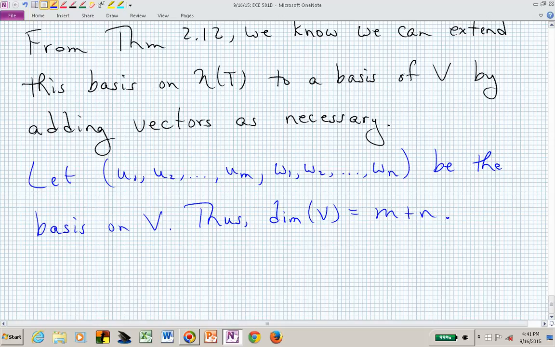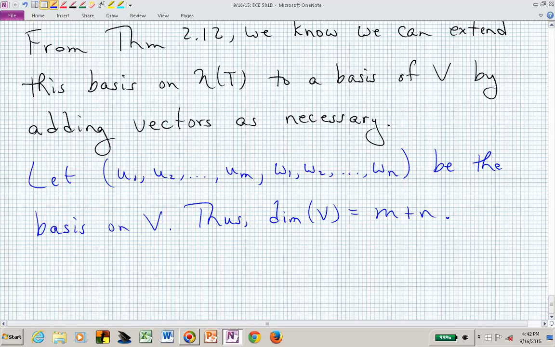So the condition is that all those w's are independent, but that is what? A condition of a basis. Our basis has to be linearly independent and they have to span the space. As a consequence of the term basis, we know that it's a set of vectors that span the space.